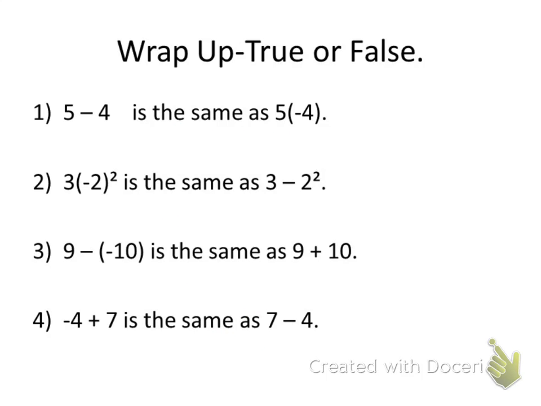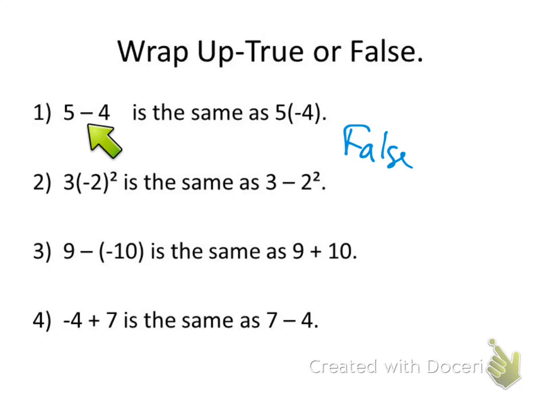So let's wrap things up with a little true or false, sort of like a questionnaire. You don't need to write these down, just kind of soak it all in. 5 minus 4, is that the same as 5 parentheses with a negative 4 inside of it? Are those the same thing? False. This is false. Let's just talk about why it's false.